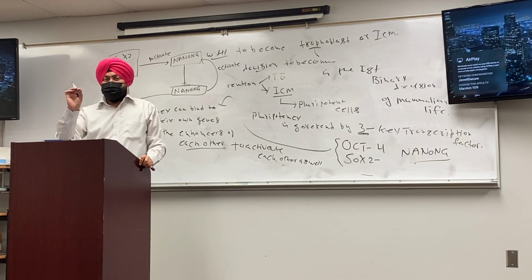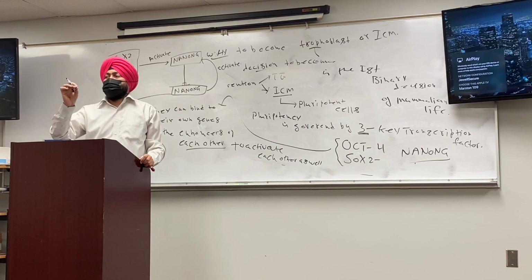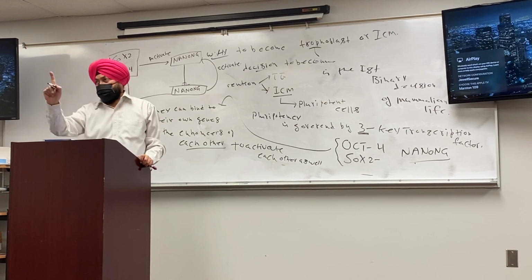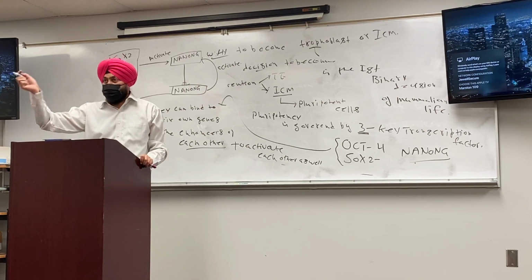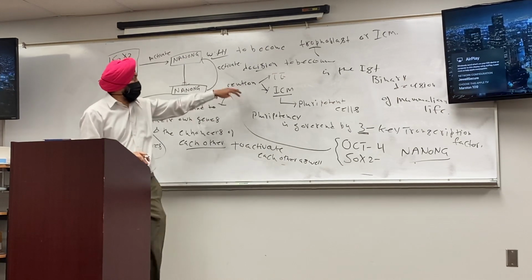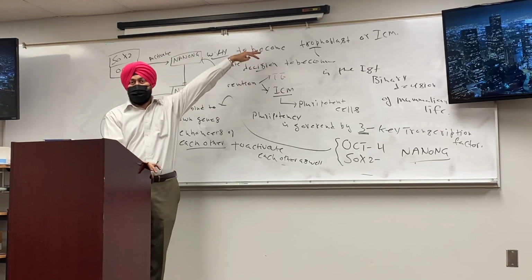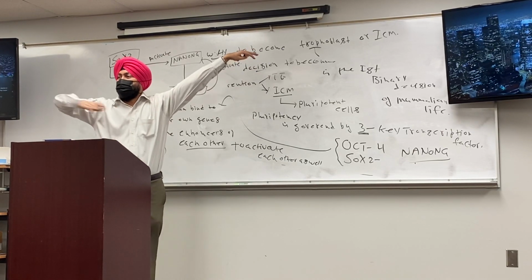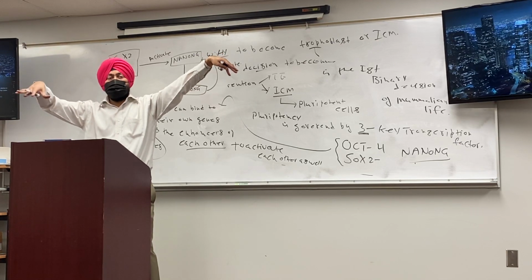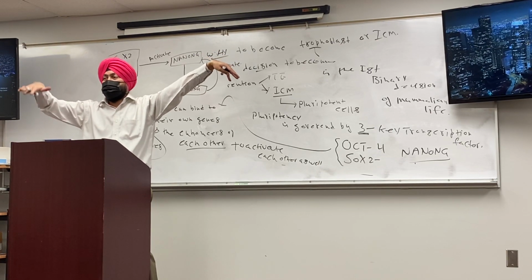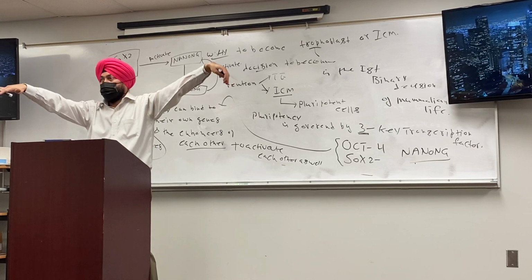Stem cell means those cells which are not differentiated. That's the first thing. If they differentiate into something, then they are not stem cells. For example, the trophectoderm cells become something. So maintaining pluripotency means you keep them in a stage where they are undifferentiated.